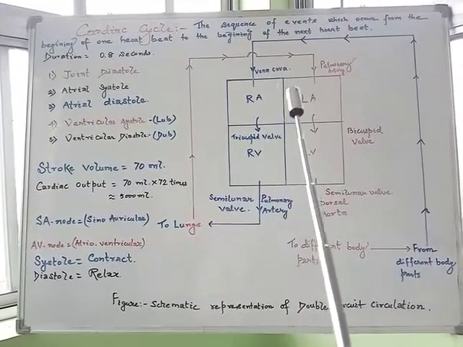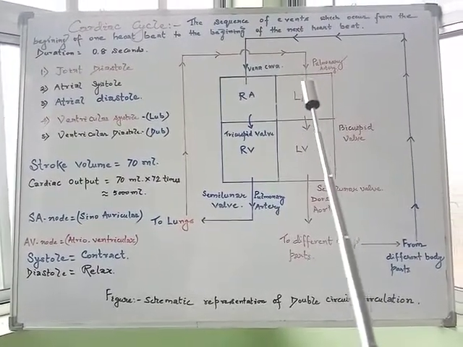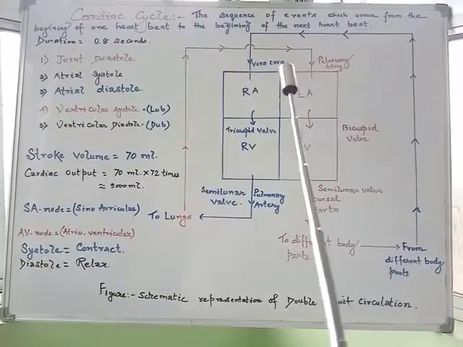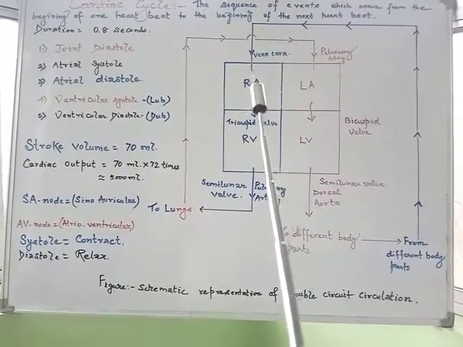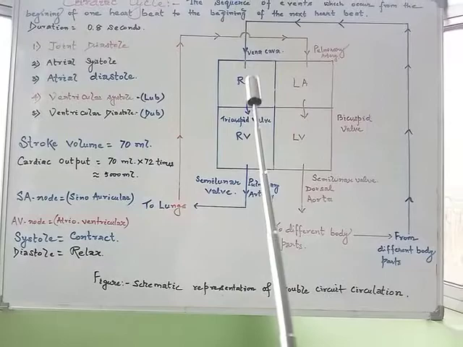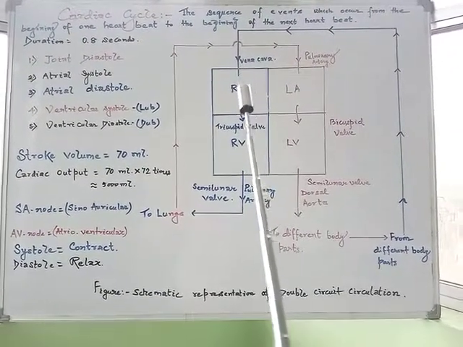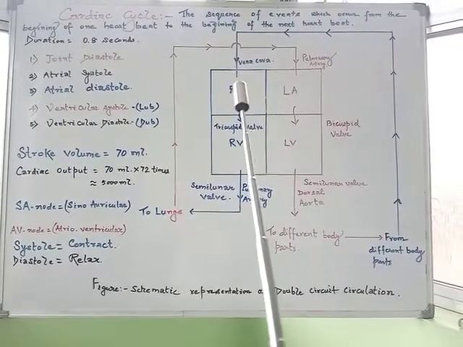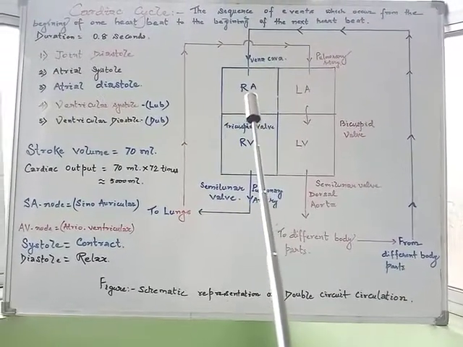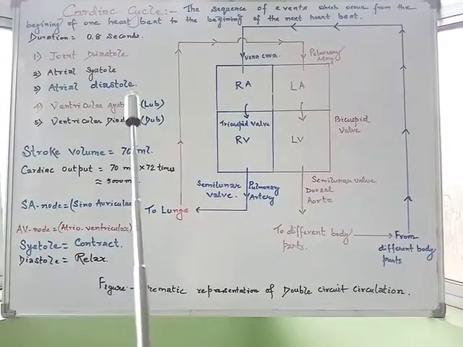The openings of the veins bringing blood back to the left auricle and to the right auricle get closed due to the contraction of the muscle, and the mouth closes automatically.